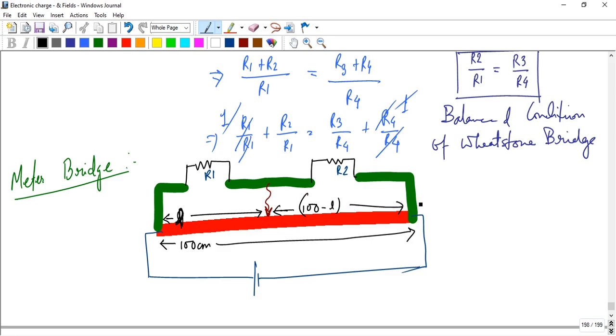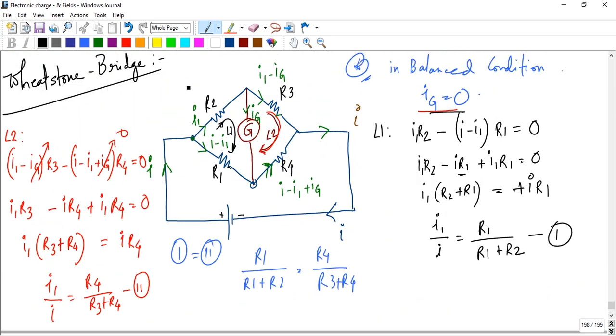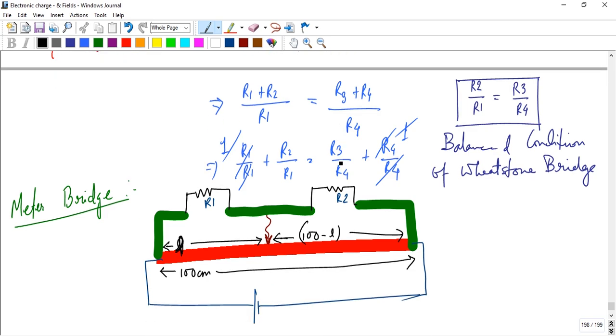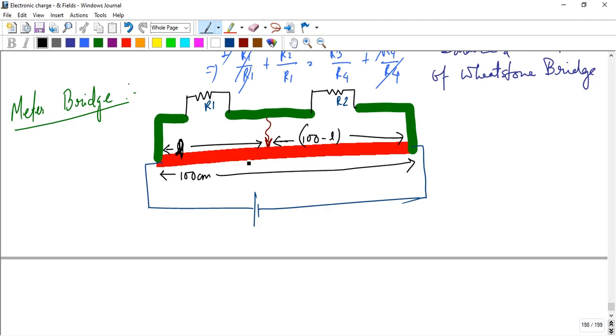Now here we apply the Wheatstone bridge concept. R2 by R1 means this by this, that is R3 by R4. We know R equals rho L by A, so R is directly proportional to L. More length means more resistance, less length means less resistance, where the length of the conductor is the length of the 1 meter rule, or 100 centimeter.